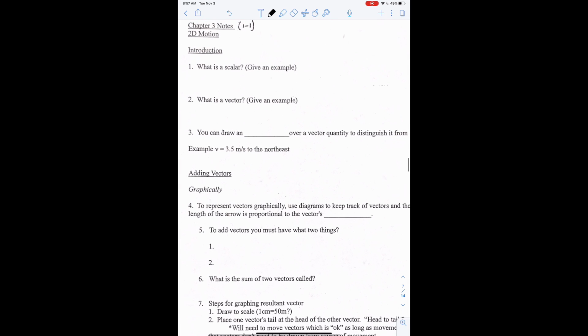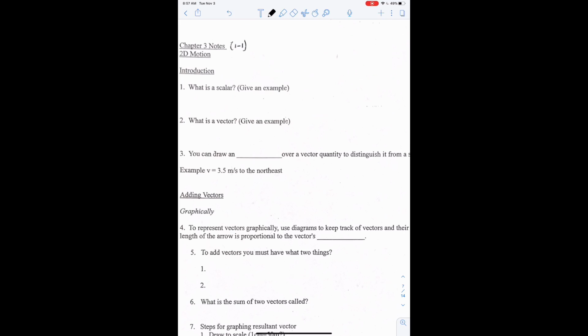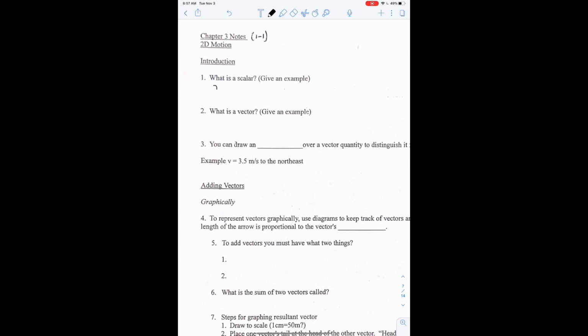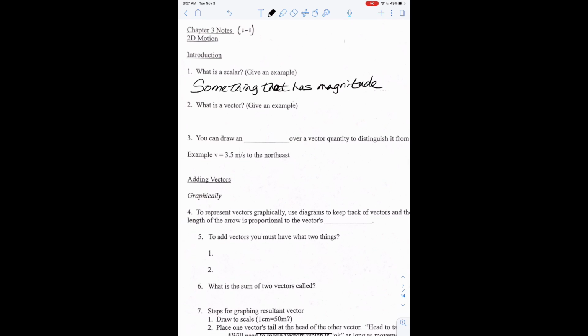And we'll start by labeling what a scalar and a vector are. And we kind of talked about this before. A scalar is something that has magnitude and doesn't point in three-dimensional space.